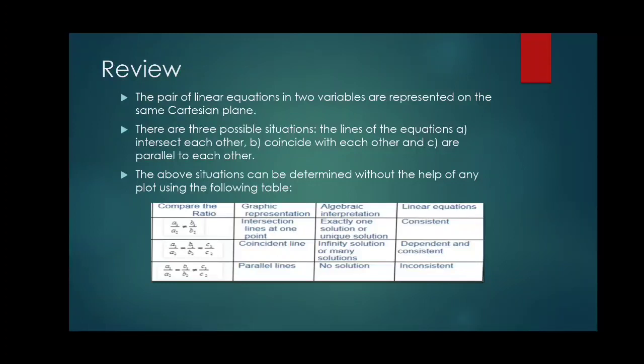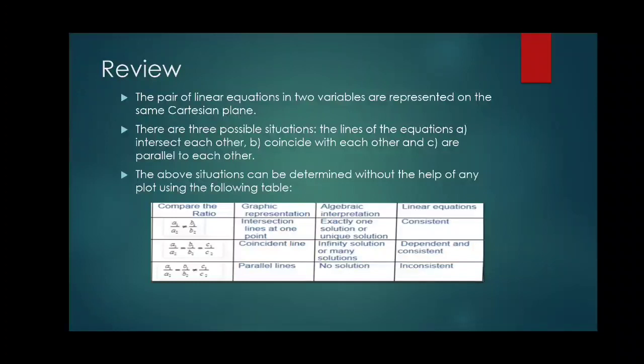So the first one is a1 by a2 not equal to b1 by b2. It means intersecting lines, and they have exactly one solution or a unique solution, and therefore these equations are known as a consistent set of equations.